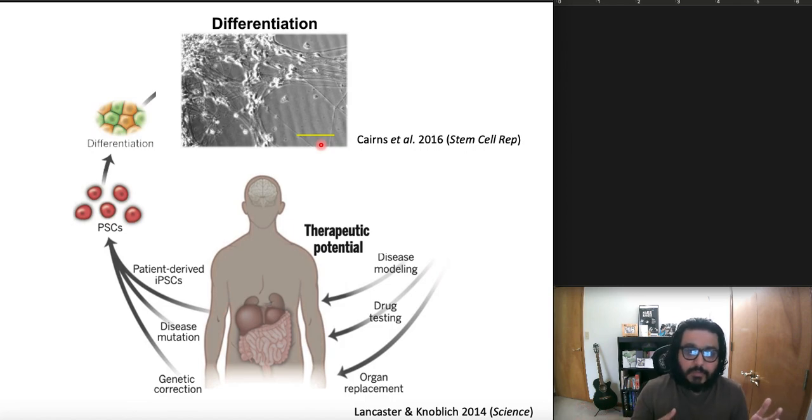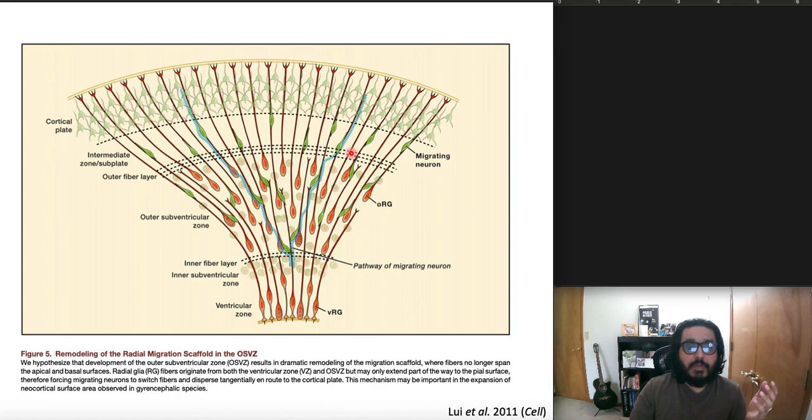But if we're interested in other questions, like the actual development of the brain, and trying to model how the brain would naturally develop, this is a limited model. This is not how a brain grows in embryo, in utero. A brain is much more organized.